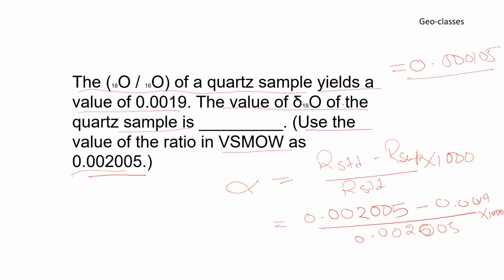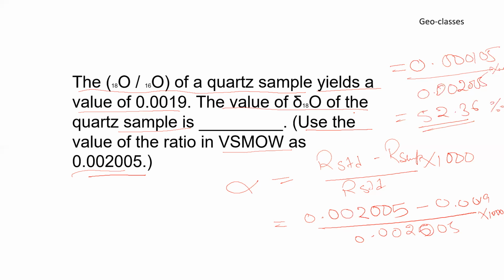So it is coming as 52.36, in parts per billion or something like that. It's parts per thousand, sorry. Is it clear? So like this, you'll have to solve the questions.